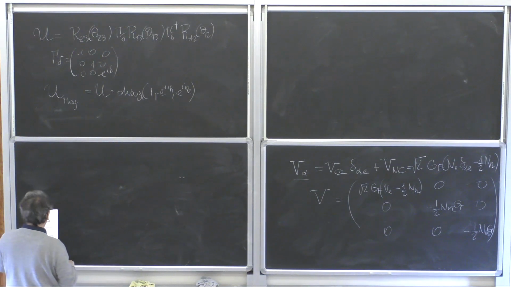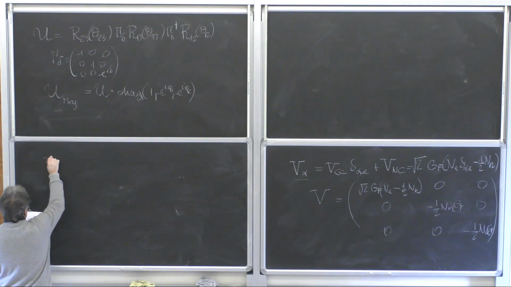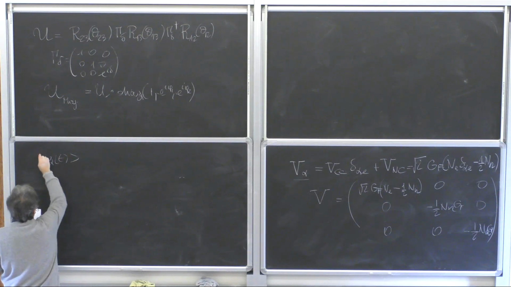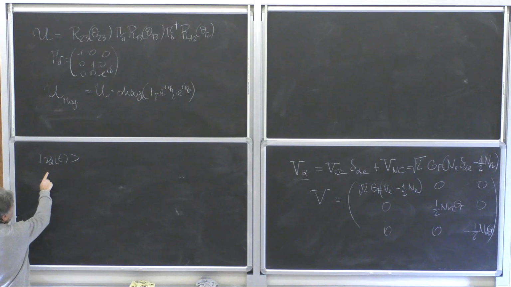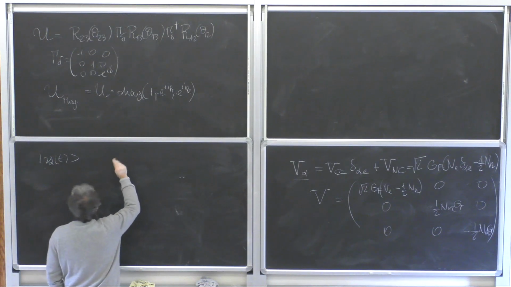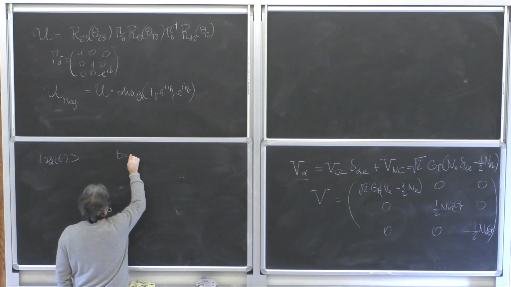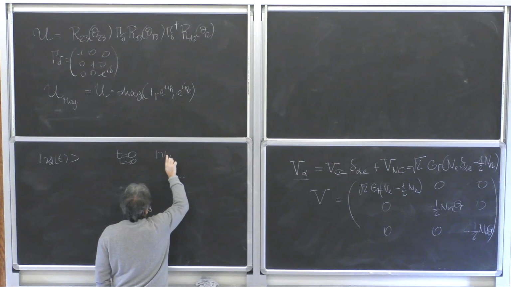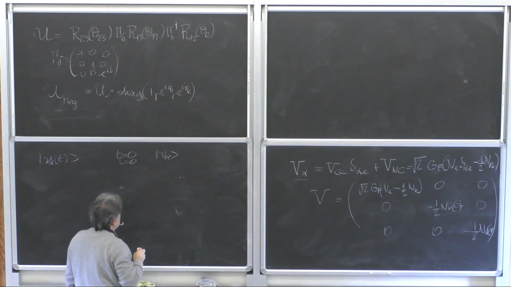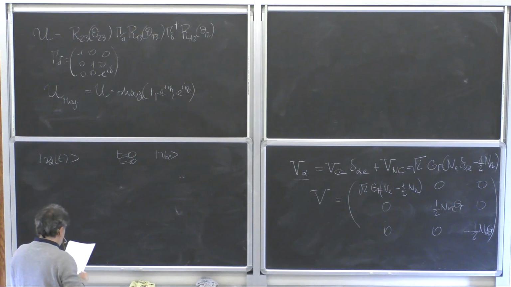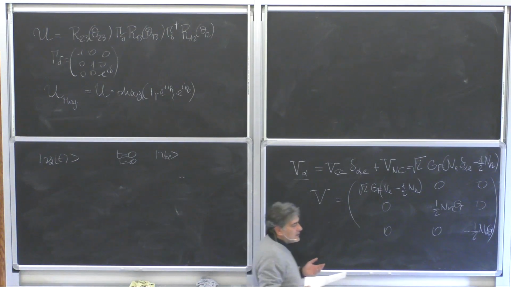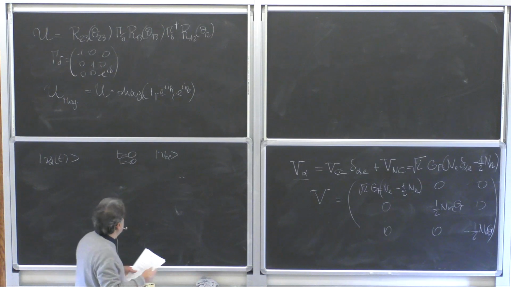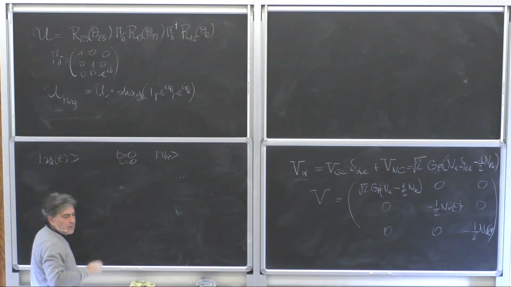Imagine a neutrino state that at t equal to 0, or L equal to 0, at the production point is a ν_α, and then evolves in time.